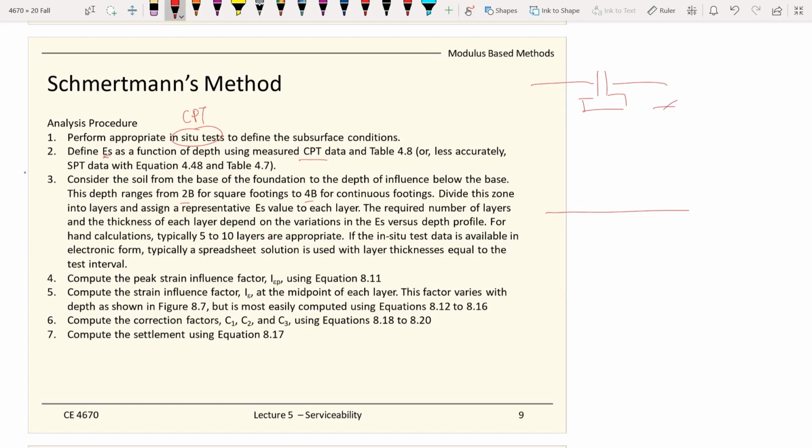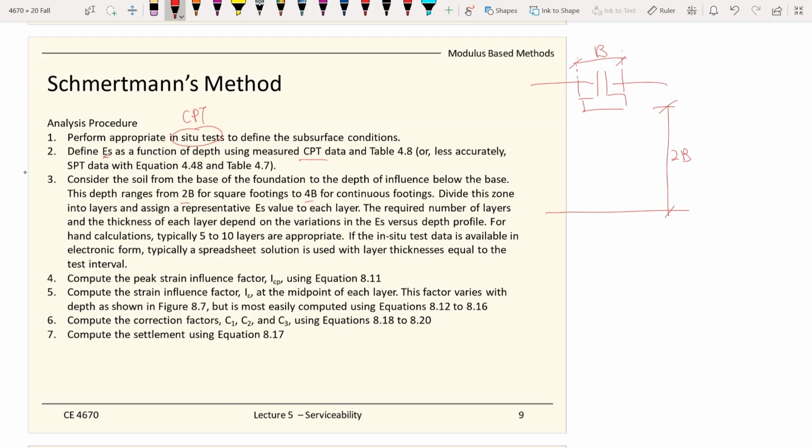If this is a square, then this will be equal to 2 times the width of the foundation. This is the width of the foundation. And if this is a continuous footing, that will be equal to 4 times the width. It depends on the geometry of the foundations.